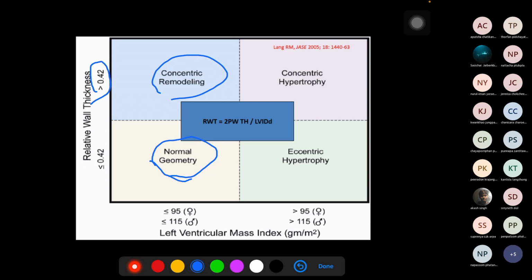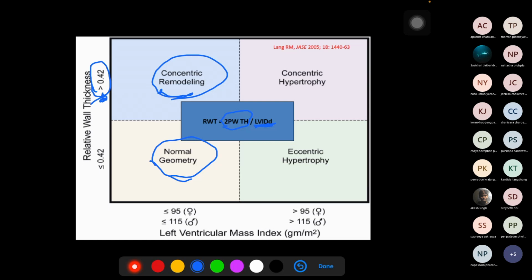Why? If the patient has the concentric remodeling, this ratio over 0.42, it means the thickness of the LV is increased, and then the LV internal dimension during the diastole is decreased. So that's why this ratio over 0.42 is called the concentric remodeling.